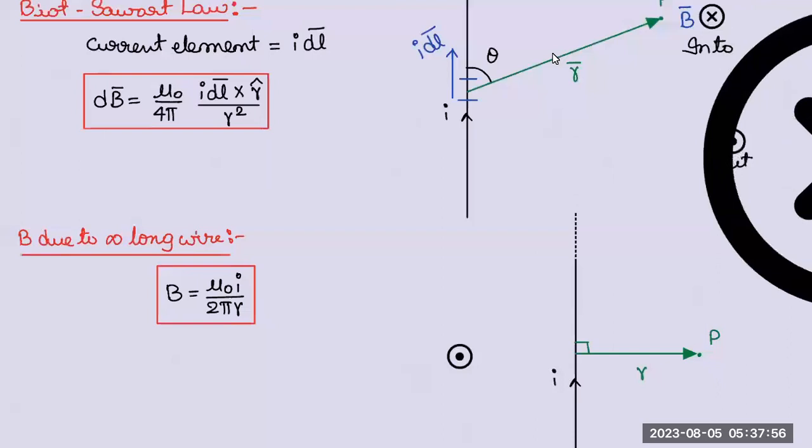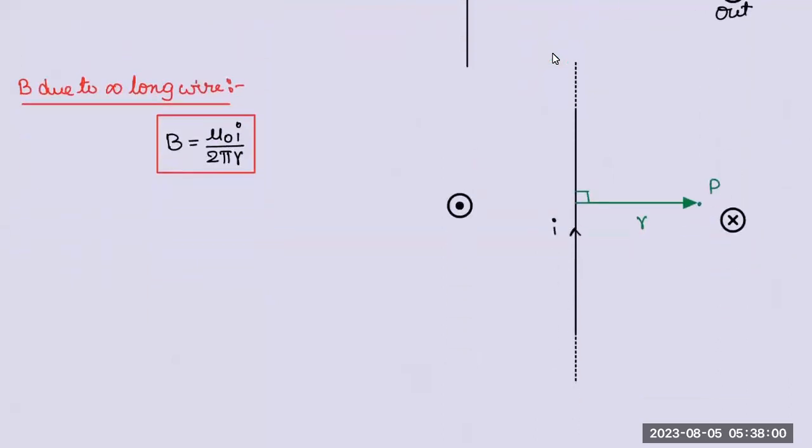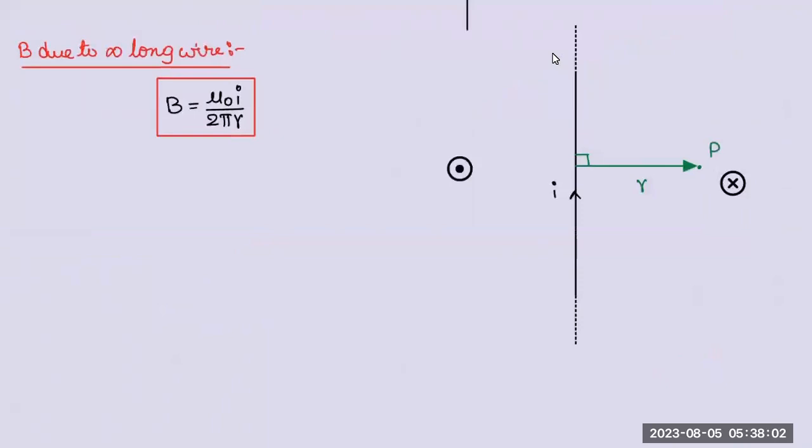Magnetic field will be inwards here. Magnetic field will be in on this side, out on the other side. Actually speaking, the magnetic field is a closed loop like a circle. Observe.